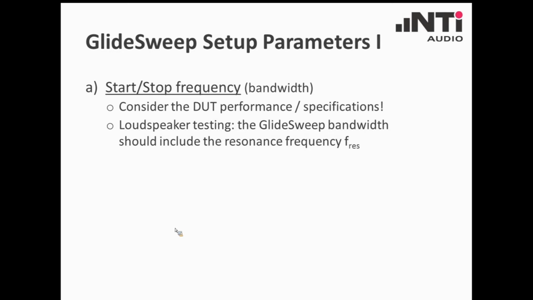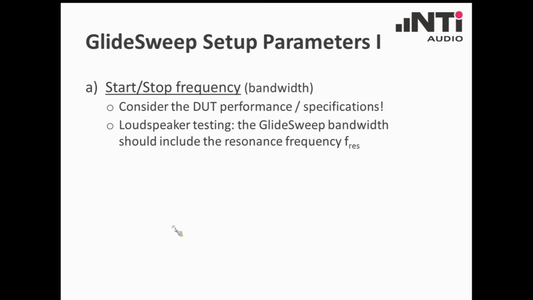But basically, as a rule of thumb, we recommend definitely to consider the performance or the specifications of the device under test. And especially when we talk about loudspeakers that need to be tested, take care that the GlideSweep bandwidth also covers the resonance frequency or frequencies of the tested loudspeaker.